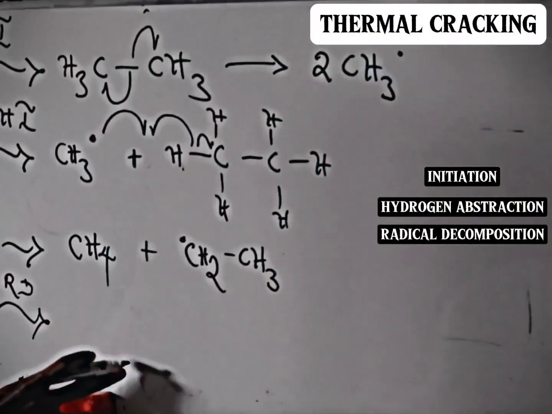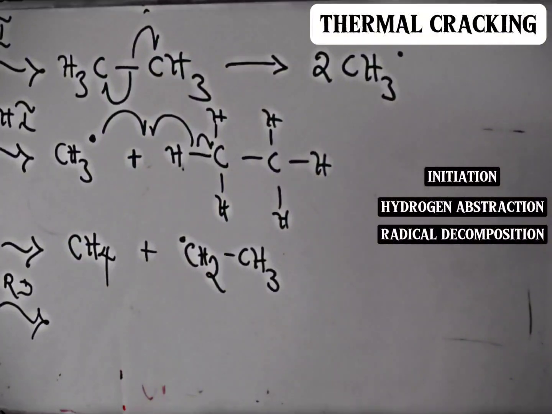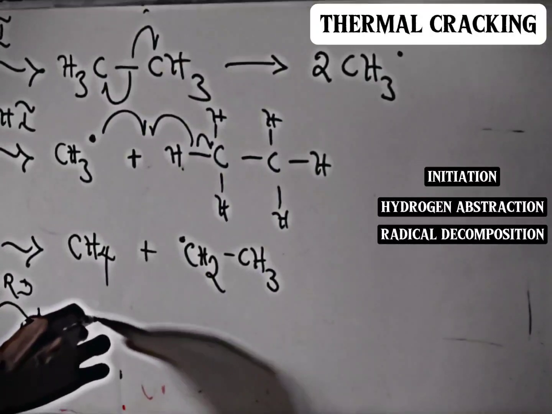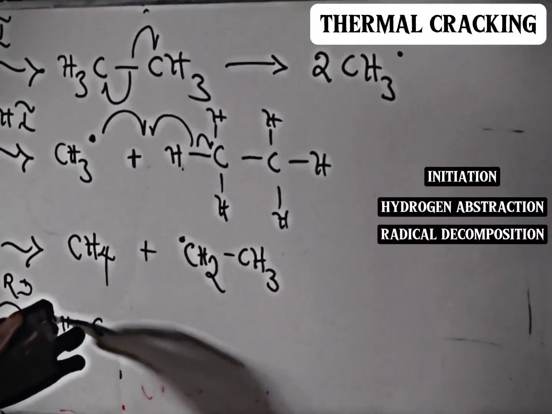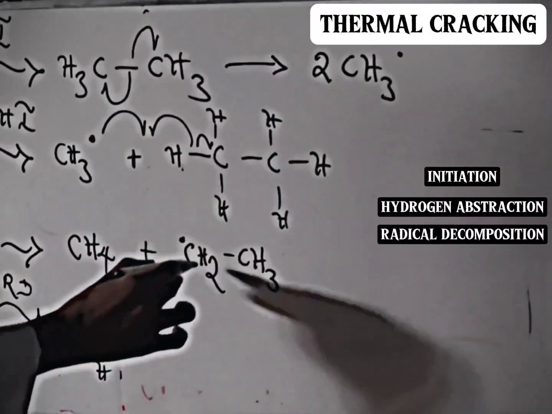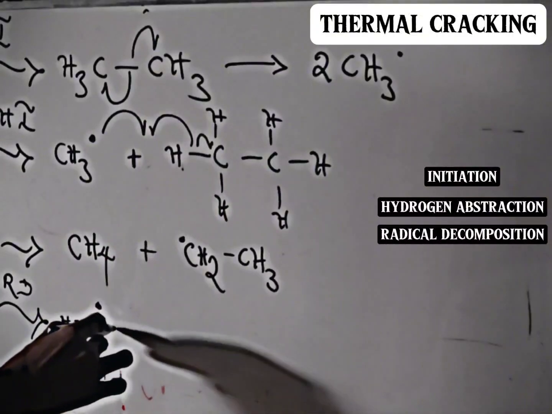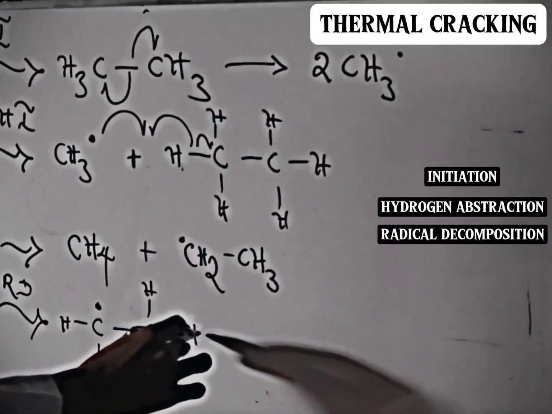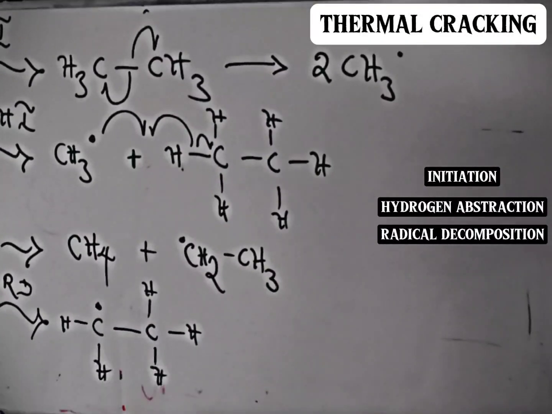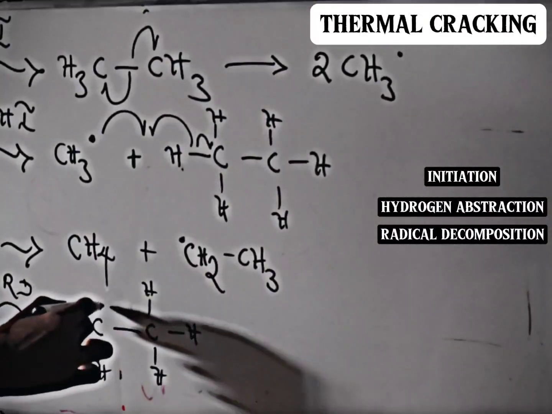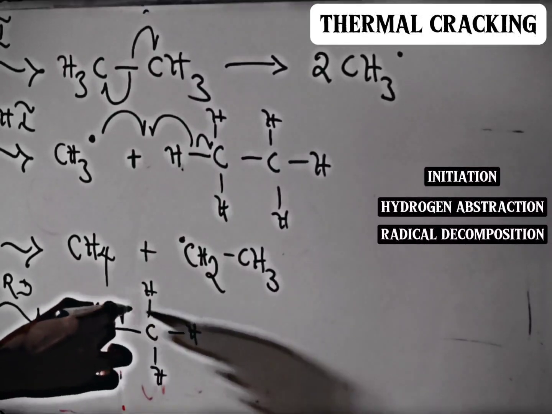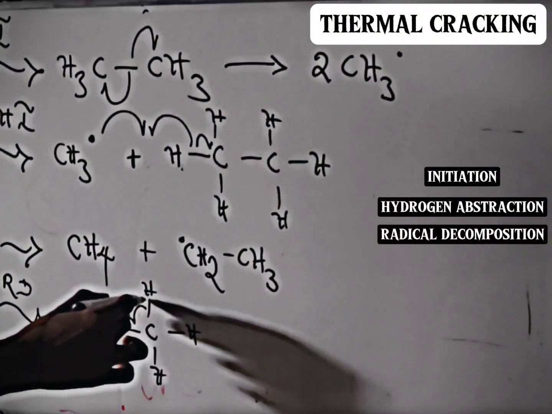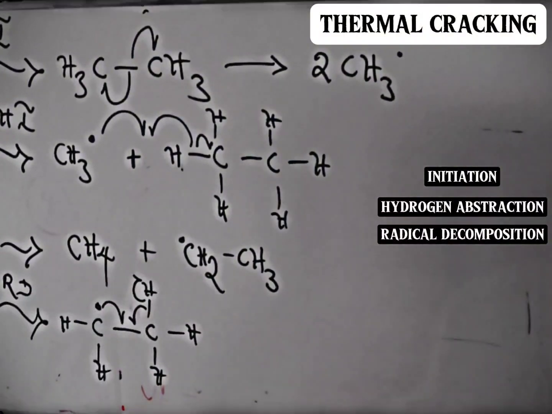How does it decompose? It's actually going to yield an olefin, an olefin with a double bond. So we have CH2, right? This is CH2 with the radical. Then we have CH3. So what essentially happens is that this electron here, the carbon-hydrogen bond is broken like this, homolytically.